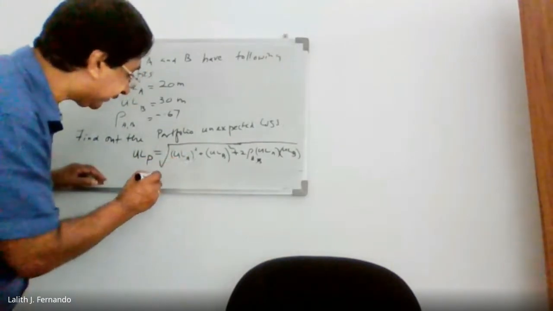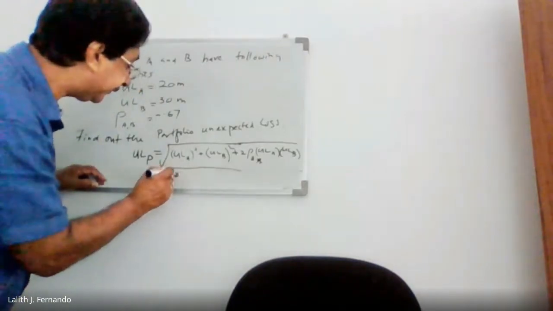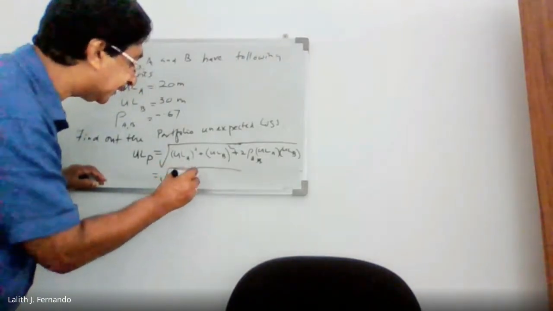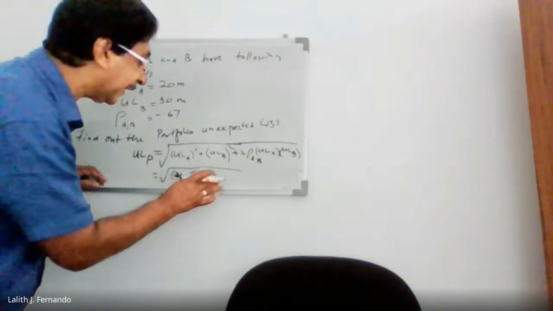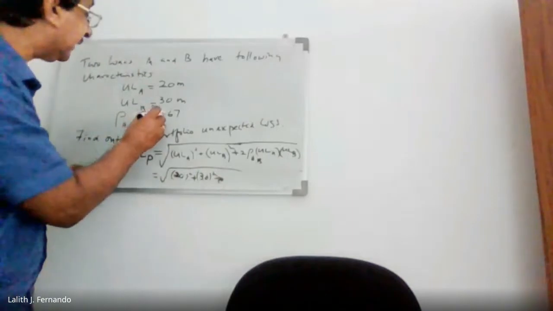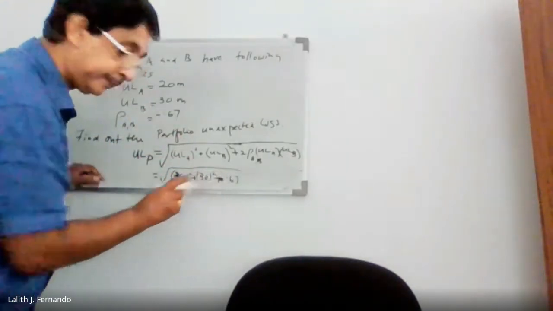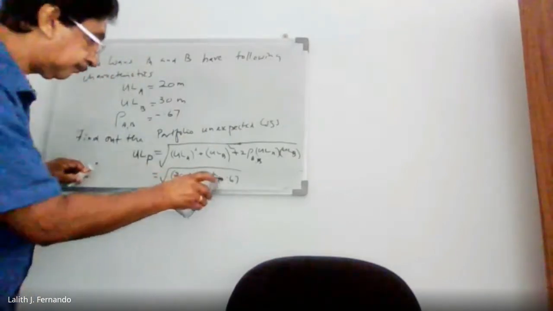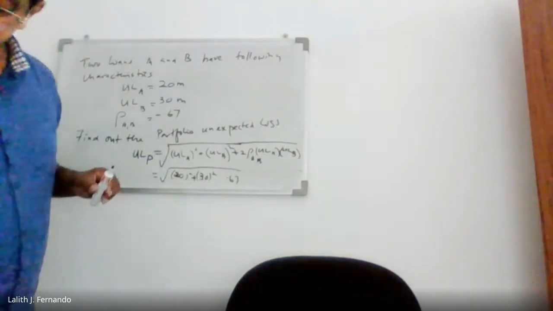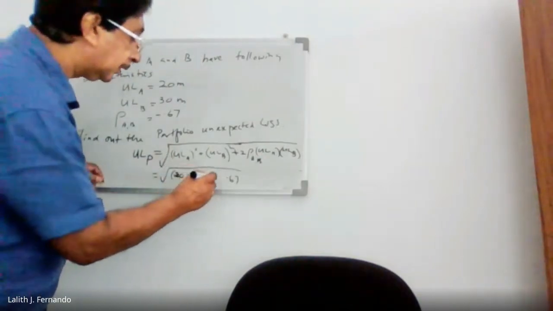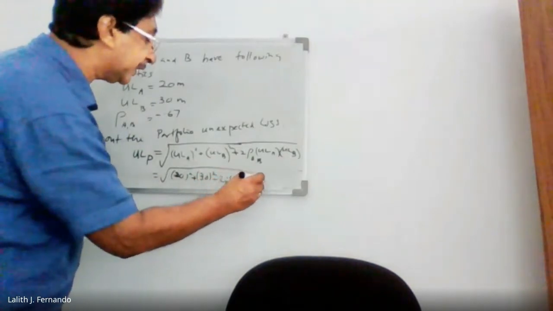So then you get 20 squared plus 30 squared plus, now here it becomes minus because this rho AB is a minus value, minus 2 into 0.67 into 20 into 30.